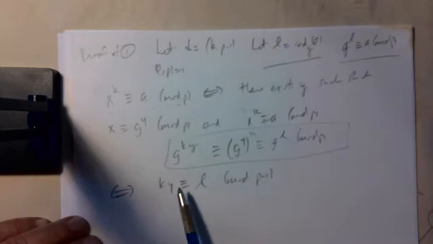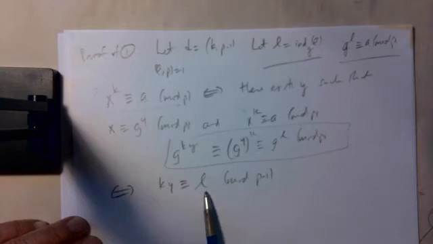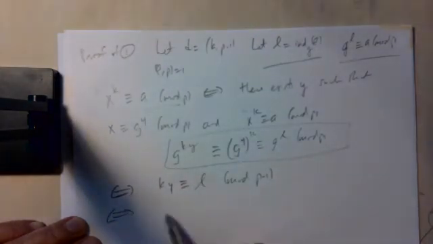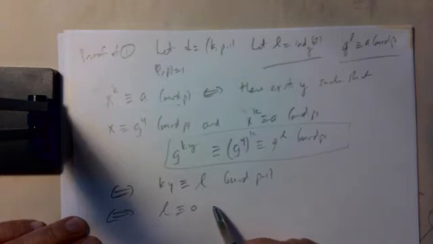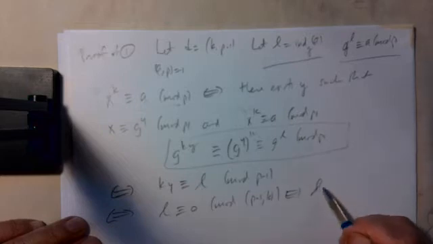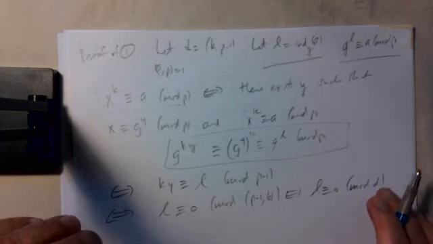That is, a is a kth power residue if and only if this congruence has a solution. But this is a linear congruence, and it has a solution if and only if L is congruent to 0 modulo the greatest common divisor of p minus 1 and k, which is d.